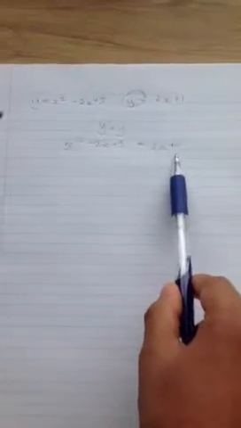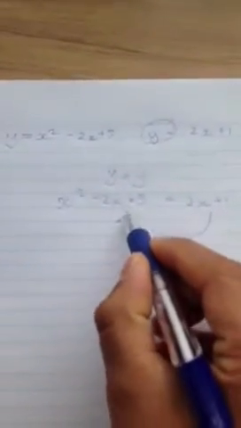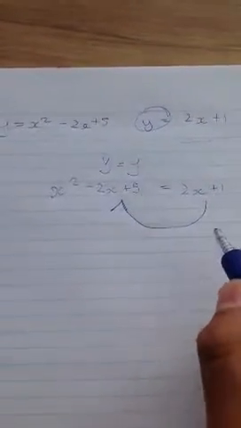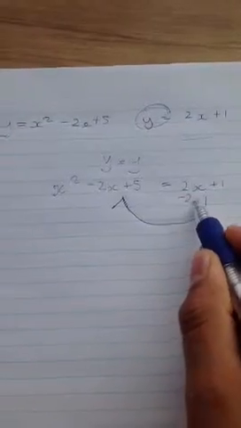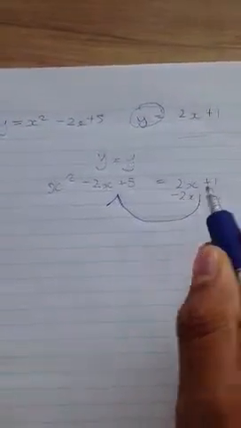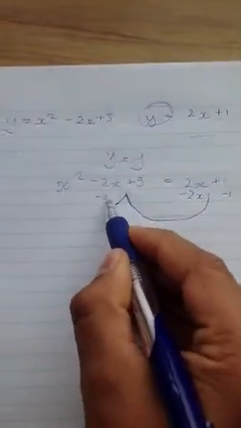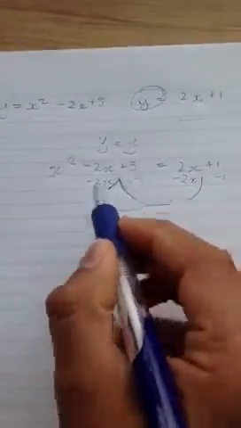Now, since we've got the basic structure of the equation which we need to solve, we can rearrange this to turn it into a quadratic. To rearrange it, all we have to do is put everything from that side over here: minus 2x minus 1 on both sides.